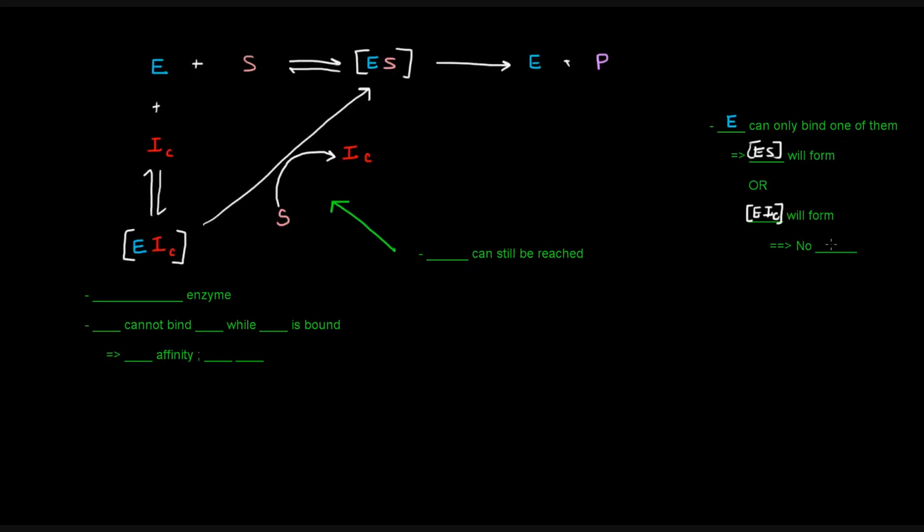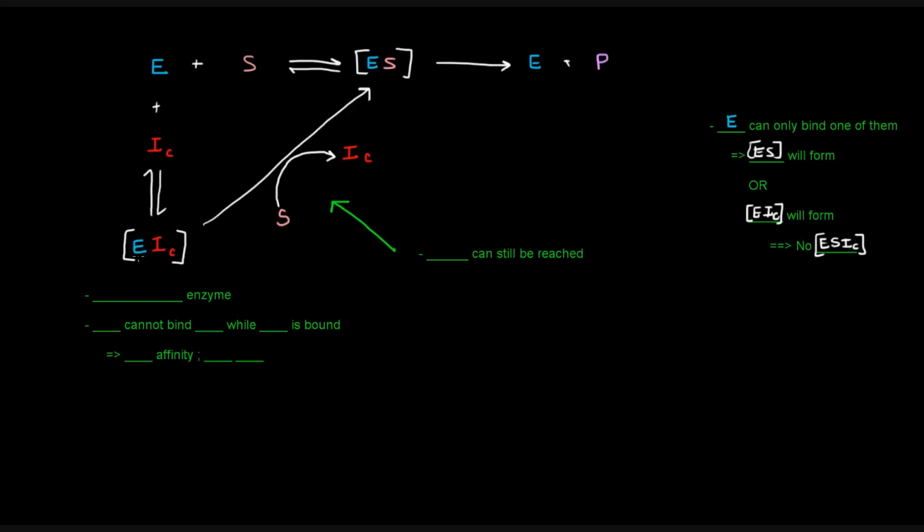We cannot form an enzyme-substrate-inhibitor complex. So there's no ESI, not in this case at least, because they can't both bind the active site at the same time. So this enzyme can either bind the substrate to form the enzyme-substrate complex, or the enzyme can bind the competitive inhibitor to form the enzyme-competitive inhibitor complex.